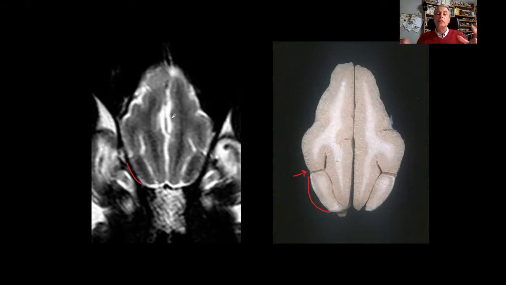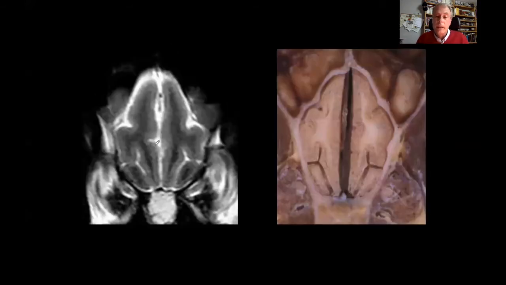They correspond to the prefrontal cortex of the cerebral hemispheres. And we see cortical and white matter, gray and white matter. For the next, again, we see the olfactory peduncle and the lateral rhinal sulcus.